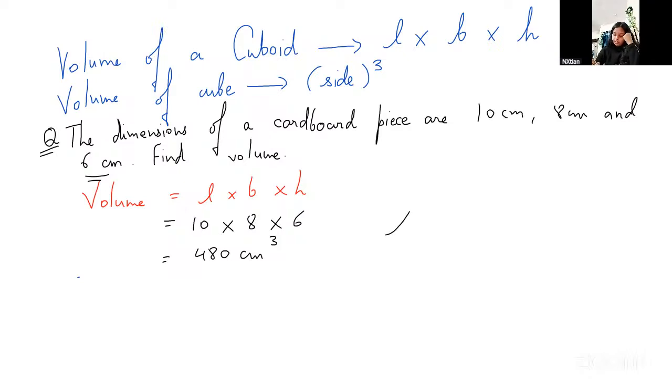When we are finding the surface area, we put meter or centimeter square. When we are finding out the volume, we write meter or centimeter cube. Centimeter cube. Understood? Very easy. We just multiply the length, breadth, and height: 10 into 8 into 6, which became 480 centimeter cube.